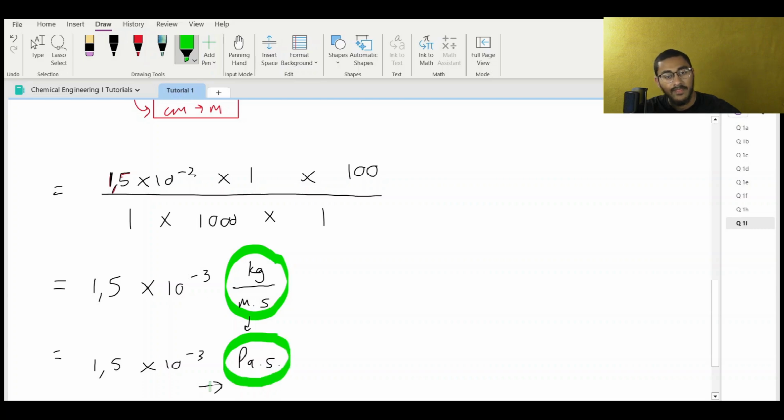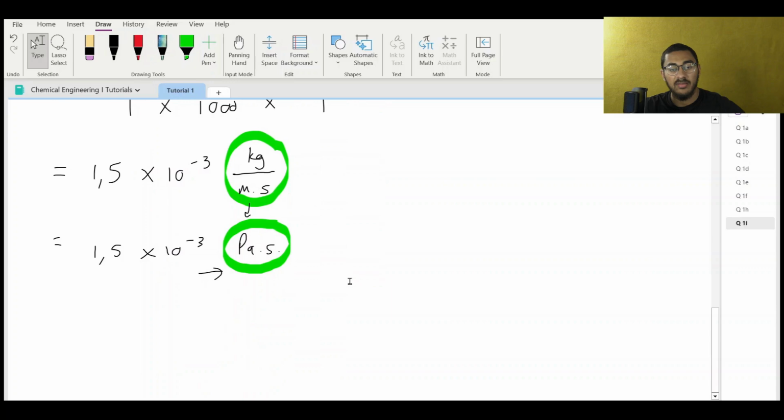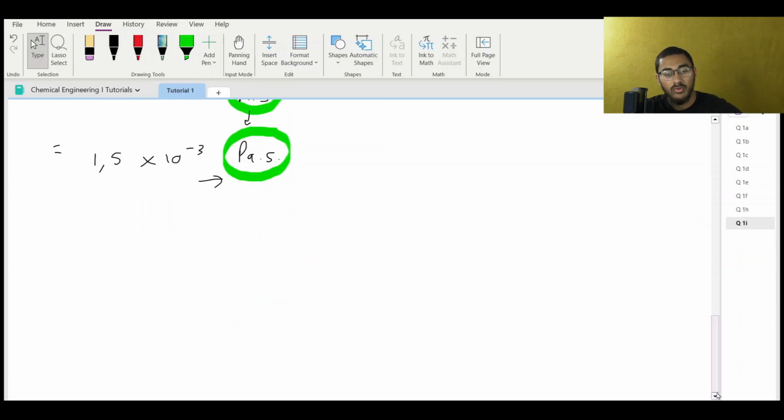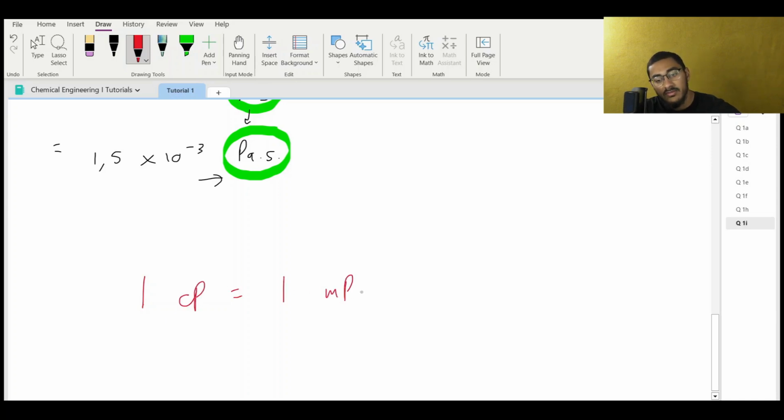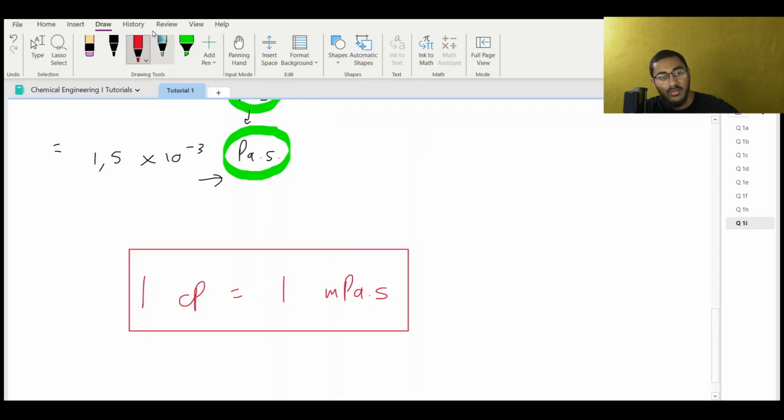So we are done. Now, if you watch the previous example, you'll know that there's a quicker way to do this if you're prepared to do a little bit of memorization. And here's how I'm going to make sure that you remember it, or hopefully remember it. So I remember that 1 CP is 1 millipascal second. Okay, let's put this in a box. This is the only thing that I remember when it comes to viscosity. So I don't know if you know who Gandalf is. He's basically a wizard.